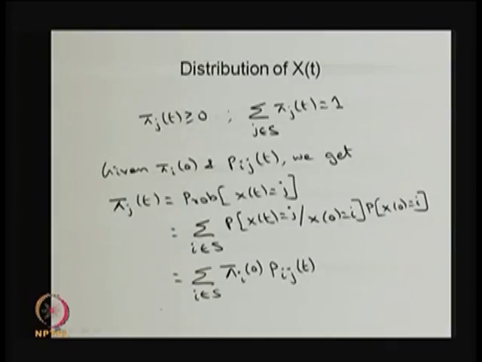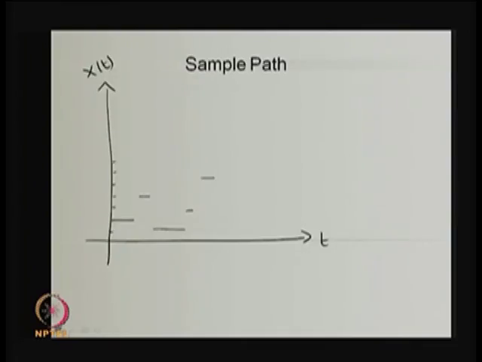If I go back to the sample path, the time the system spends in this particular state is exponentially distributed with some parameter, then it moves into some other state. The time spent in that state is also exponentially distributed, possibly with some other parameter depending on that particular state. Then it moves into another state, and the time spent in that state is also exponentially distributed.